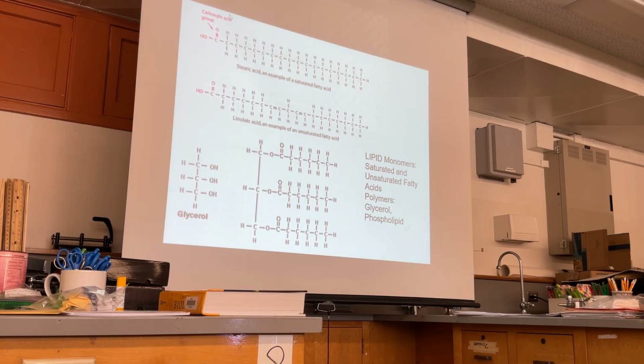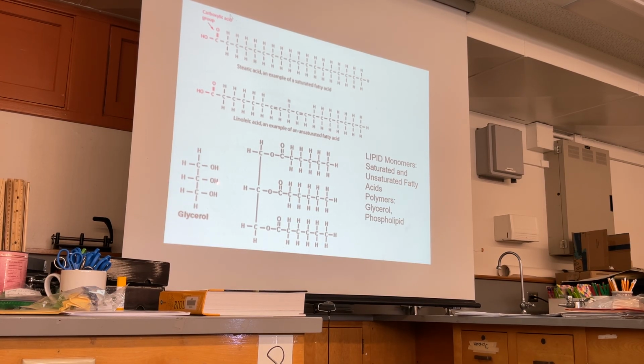3 times, right? So this hydrogen comes off, and this OH comes off. Yes? The OH comes off of the carboxyl group, and that hydrogen comes off of this alcohol group, and then it connected like that.